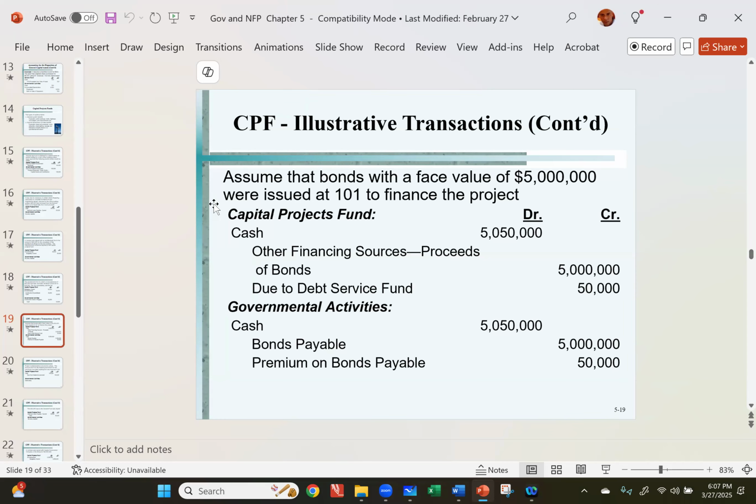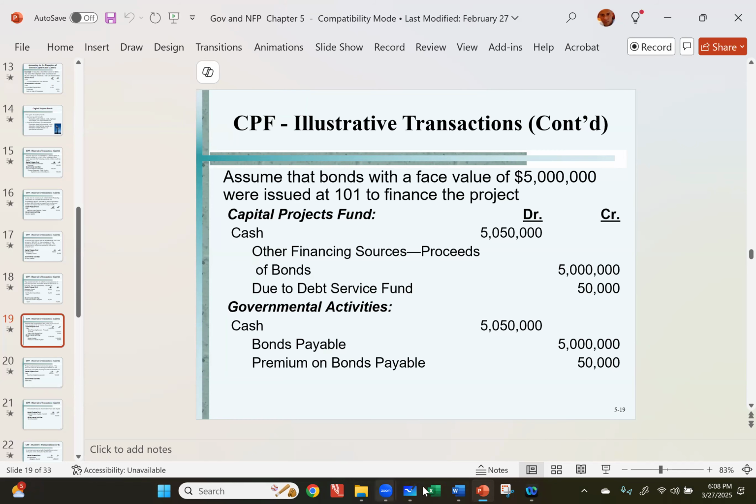And generally, what happens with a debt covenant, it says any premiums or unused debt proceeds are to be used to the protection of bondholders, which is a sort of legalese for transfer to the debt service fund, so that that money is then available to pay the principal and interest as it comes due on this general obligation debt.